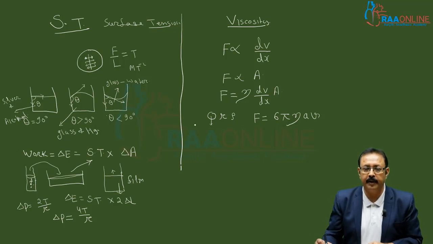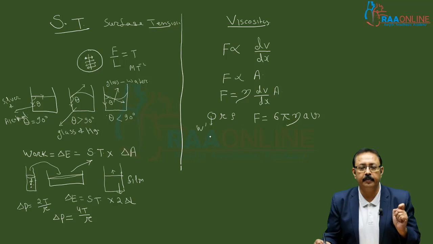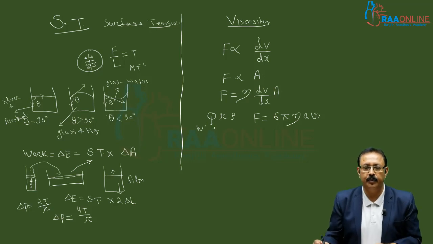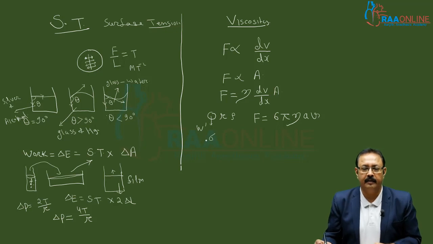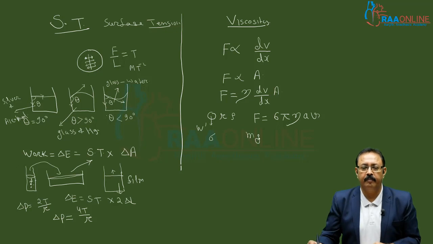But the drop is coming down due to its weight in that liquid. You already studied in 9th class Archimedes' principle: if the density of the liquid is sigma, the weight inside the liquid of this drop should be weight in air minus upthrust.